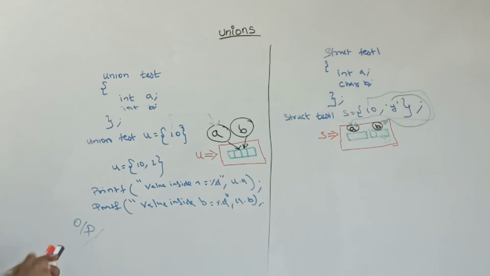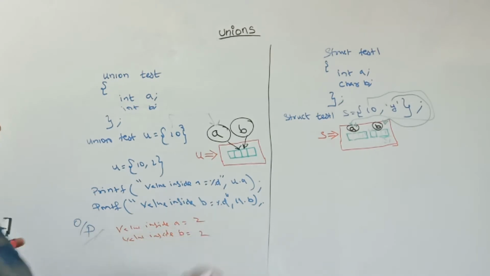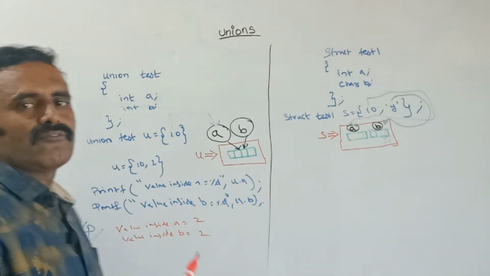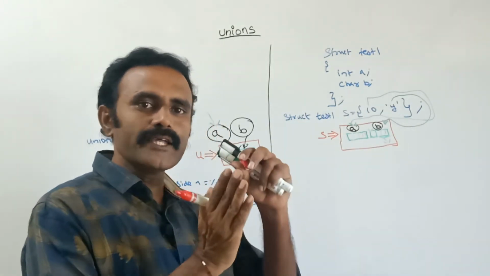The output will be the value inside both variables, it will show 2, because finally whatever value we had given, that value will be in the memory.